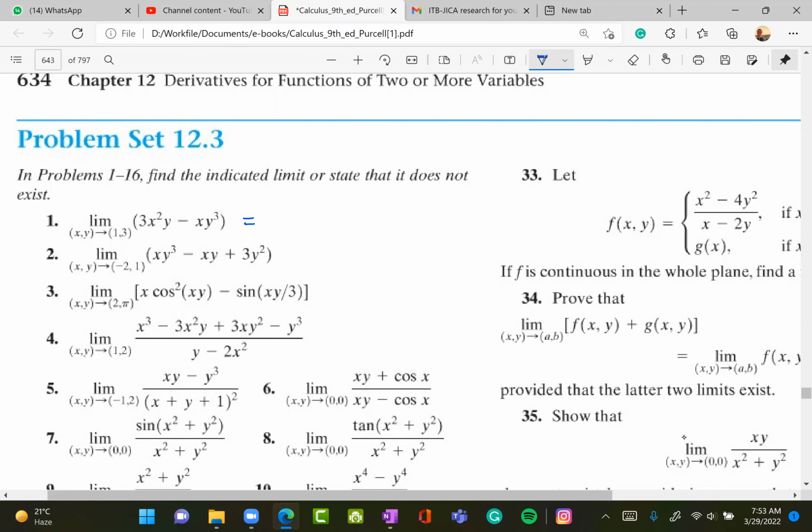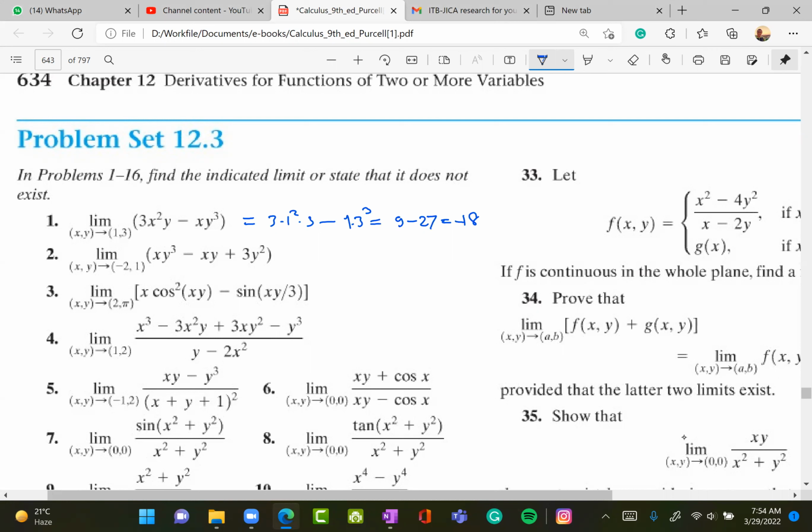When you plug in the number, you get 3 times 1 squared minus 3 cubed times 3 cubed. So you get 9 minus 27, so this is minus 18. So that's easy.